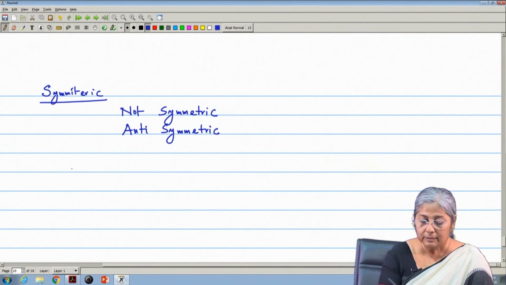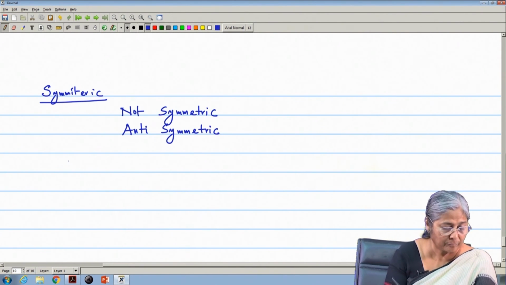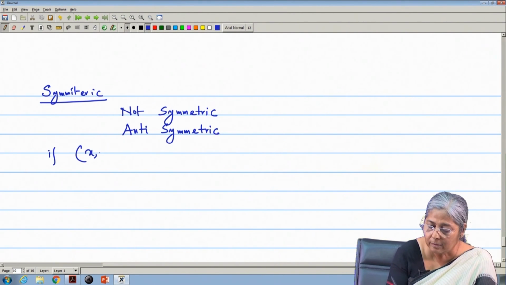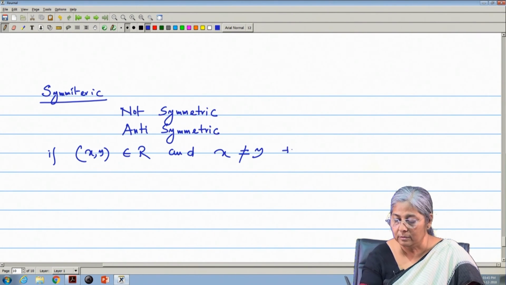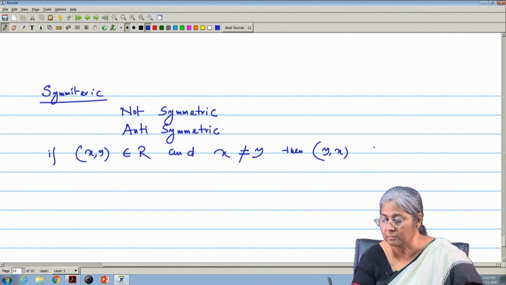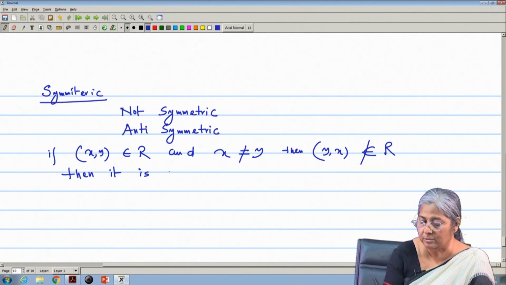We define it this way: if x y belongs to R and x not equal to y, then y x does not belong to R, then it is called antisymmetric.